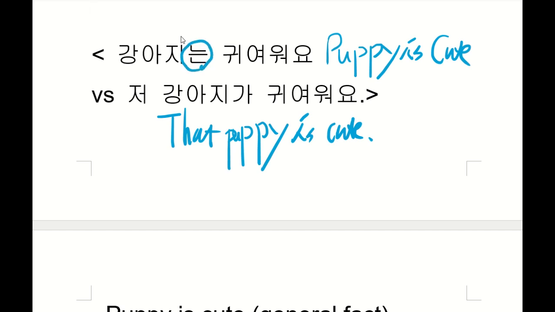강아지는 귀여워요. So topic marking particle. And here we are interested in that puppy. 저 강아지. Specifically that puppy. That's why we use 가, the subject marking particle. That puppy is cute.